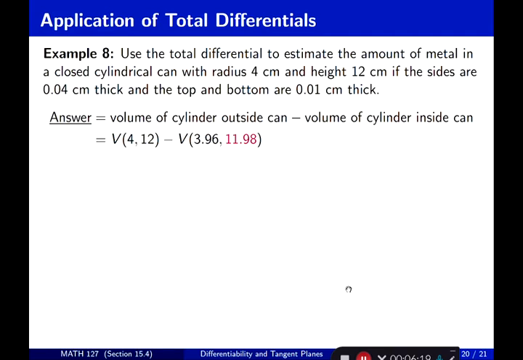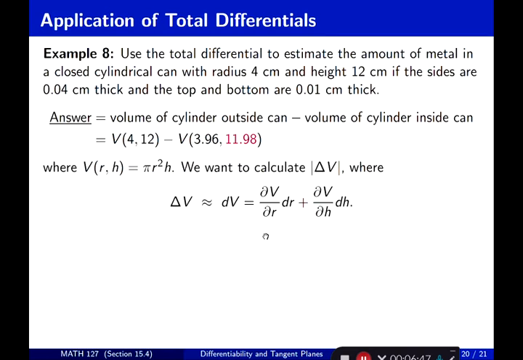The purpose is to find the outside volume, find the inside volume, and subtract to find the actual volume of the metal itself. But that's more complicated to do with all these decimal digits. So I prefer using the differentials.